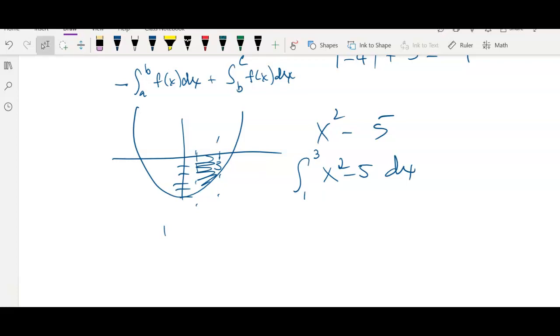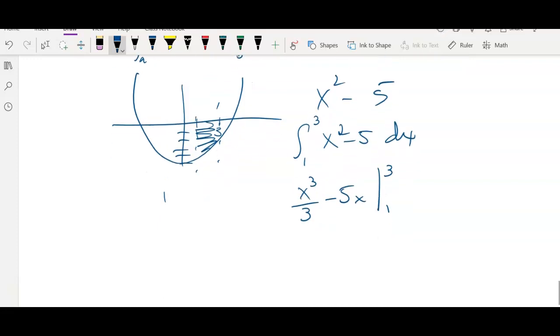All right, what's the antiderivative of x squared minus 5? And I'm evaluating from 1 to 3. So let's plug in 3. What's 3 cubed? 27. I had 27 in my head, and he said 81, and I swear I almost wrote down 81. 27 over 3.